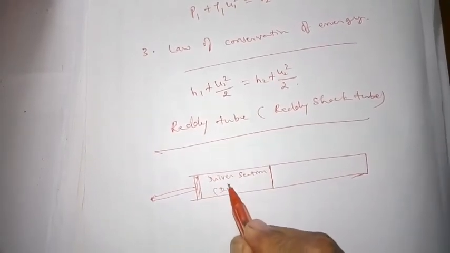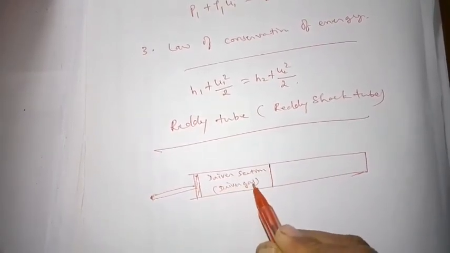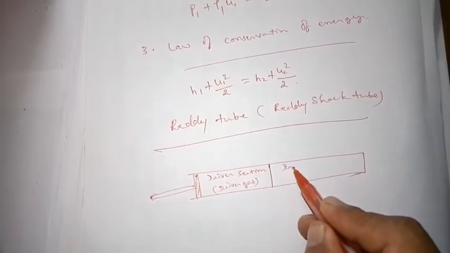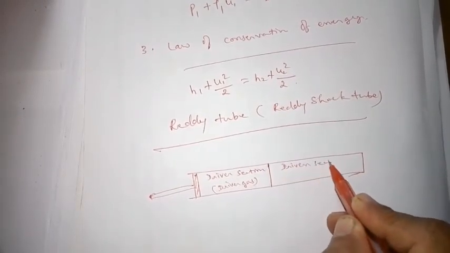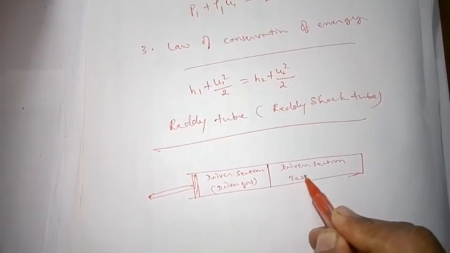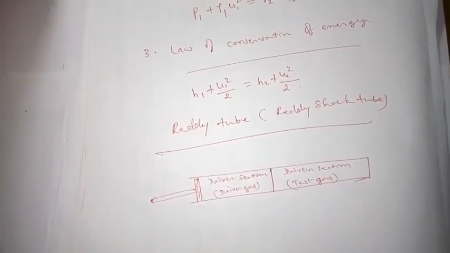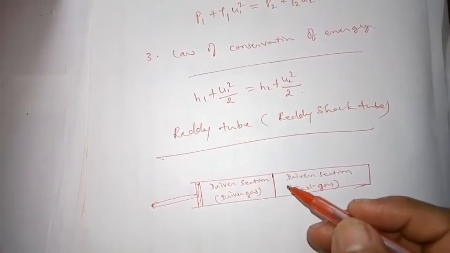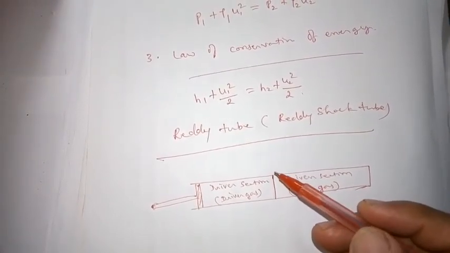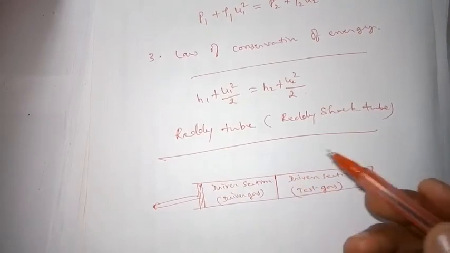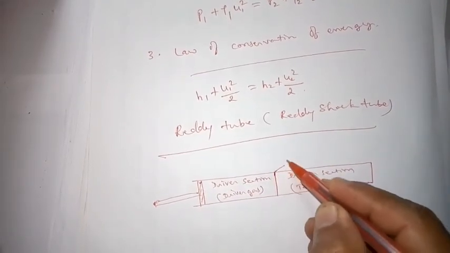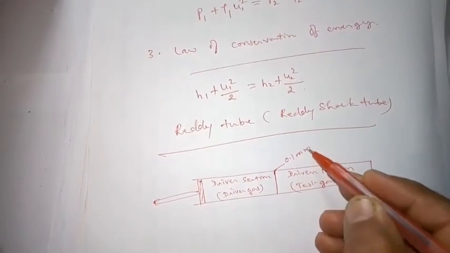This is filled with the driver gas. The other section is known as the driven section. This is filled with the test gas. This is separated by a thin layer of aluminium or paper diaphragm of thickness 0.1 mm.